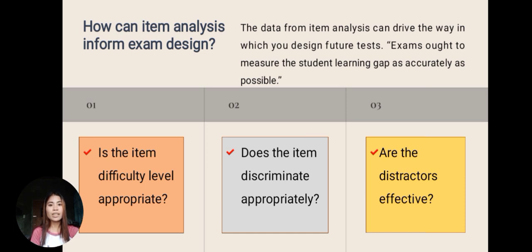First, consider: is the item difficulty level appropriate? Second, does the item discriminate appropriately? And lastly, are the distractors effective? These three questions underlie the reliability and the validity of an item we need.